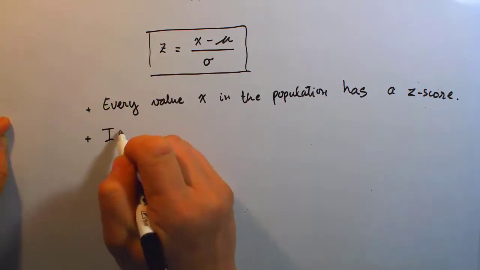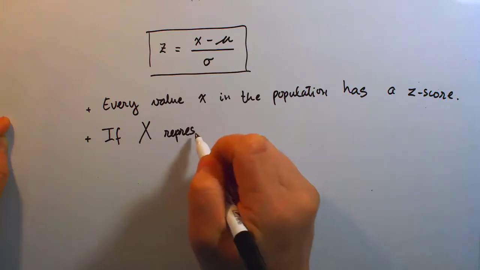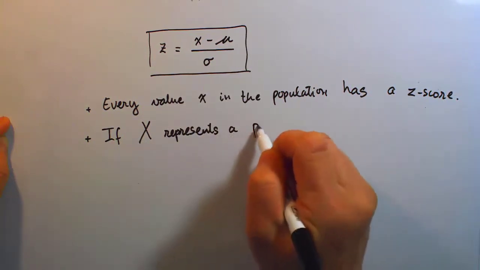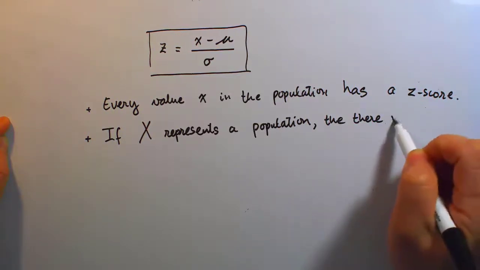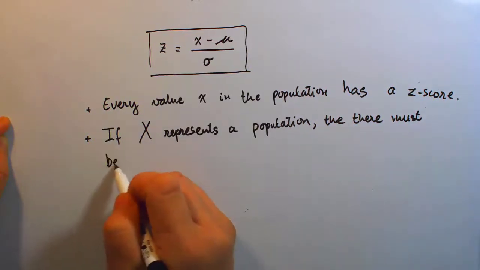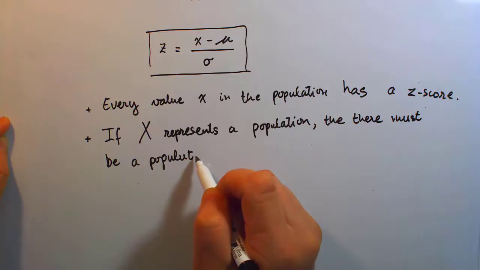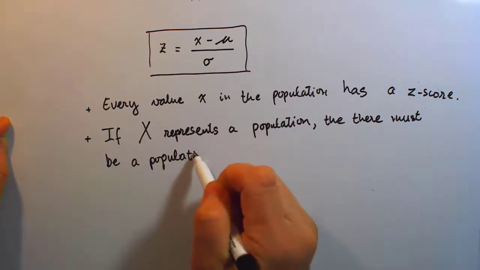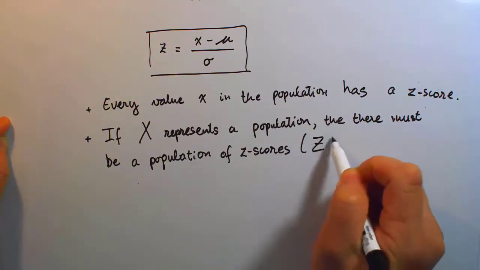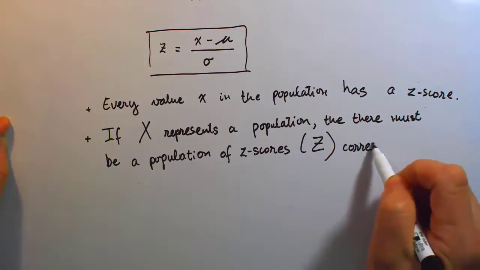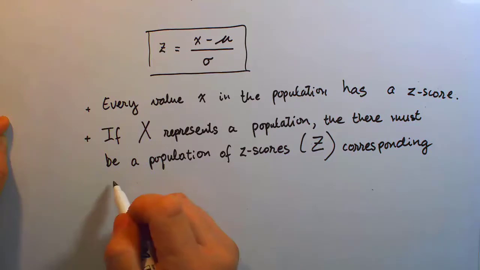And so another impact, we can see that if random variable x represents a population, then there must be a population of z scores, and we name the variable for that population capital Z, corresponding to x.